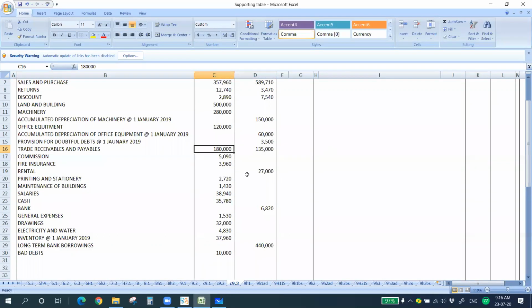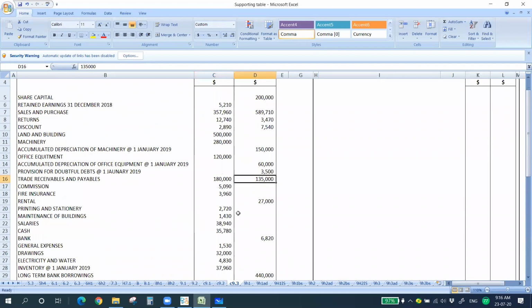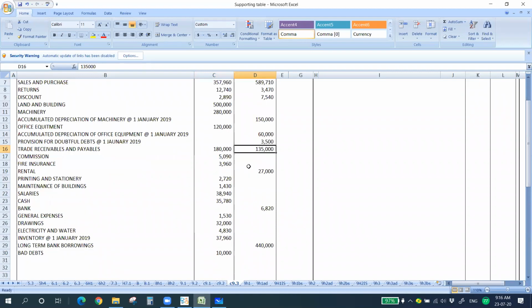Payable is a credit balance. And in this requirement, we have to credit 10,000. But can we write the 10,000 here? No, because this 135 is the payables. So we have to adjust in your trade receivables, right? So you minus 10,000 on your trade receivables. So your trade receivables become 170.